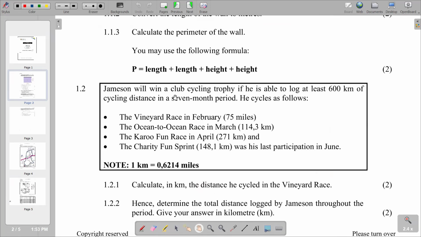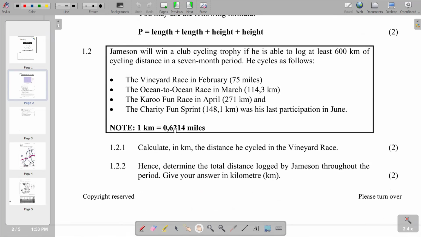Jameson will win a club cycling trophy if he is able to log at least 600 kilometers of cycling distance in a 7-month period. He cycles as follows. We have the points in terms of how he cycles. Then we are given a note: 1 kilometer is equal to 0.6214 miles.